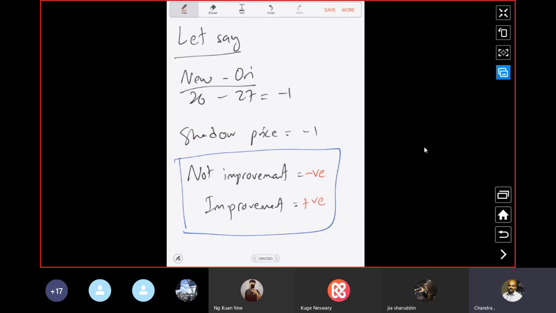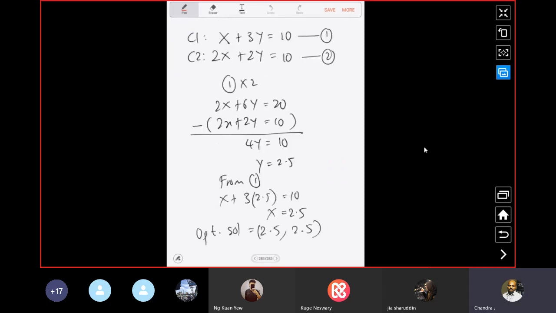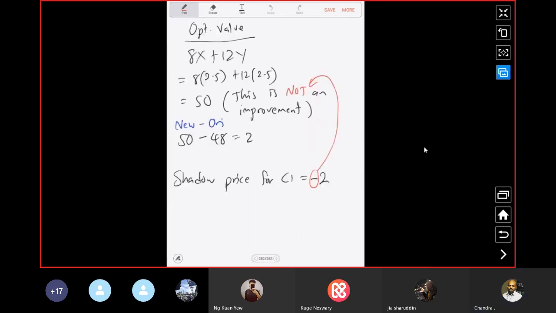Just remember like that. So in general, if this is not an improvement, take the difference and put it here as a negative.